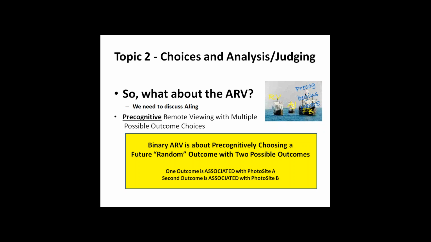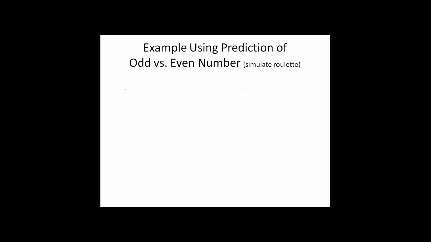Therefore, the prediction is whatever is associated with photosite A. Coin is flipped, it's a heads, and that's a hit. Now we're going to do this. So, I just gave you an explanation, which I hope you understand, but you'll understand it even more when we do it. But the key thing is we now have multiple photosites which a judge must analyze and evaluate and come up with rankings. And we're going to talk about all of that now.